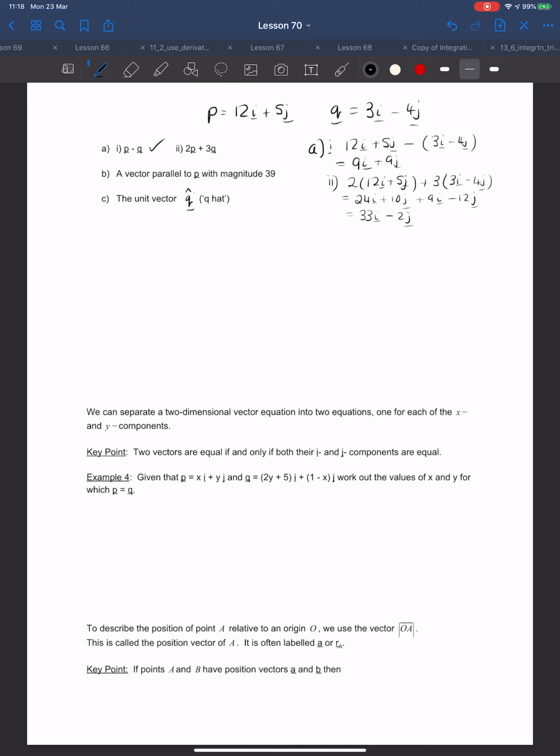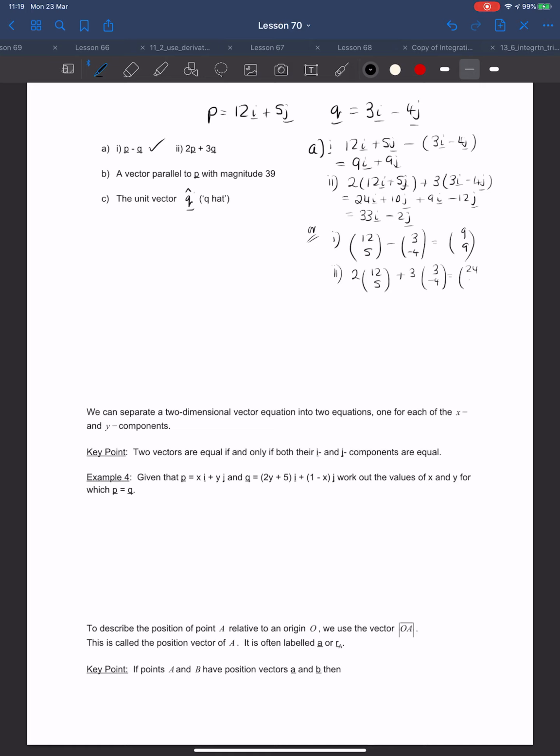For these ones, A, you could have also done it in the column vector form. P minus Q, 12, 5 minus 3, minus 4 is 9, 9. And then 2P plus 3Q.